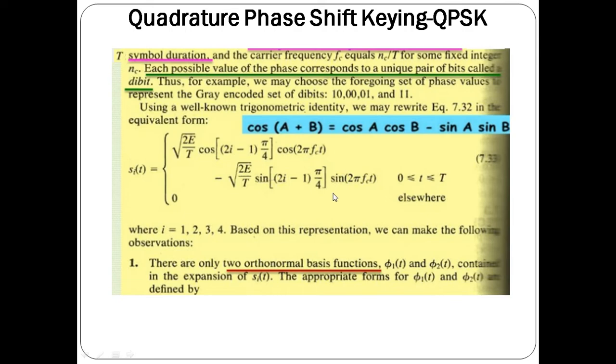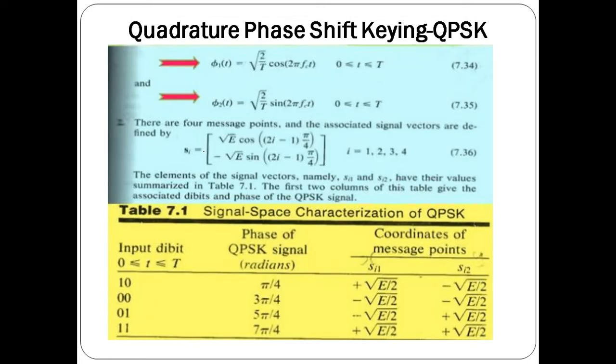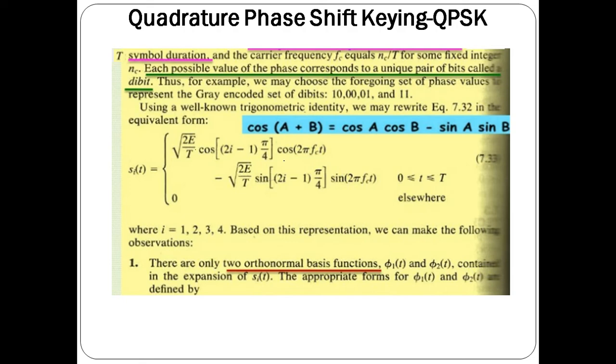If you want to represent this as s_i1, s_i2, I need to know the orthonormal basis functions. Previously in BPSK we had only one orthonormal basis function. Here, how many orthonormal basis functions do I want to take? So, this term with root 2 by T, I will take as phi 1 of t, and the other term with root 2 by T represents phi 2 of t.